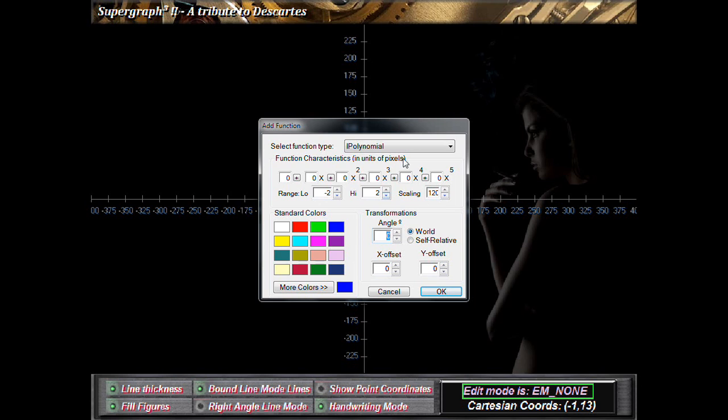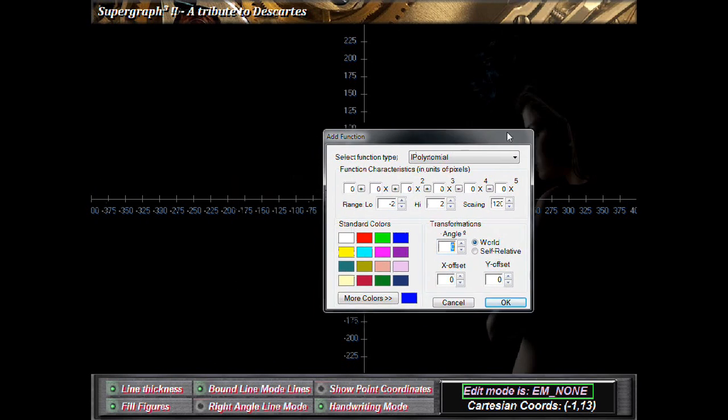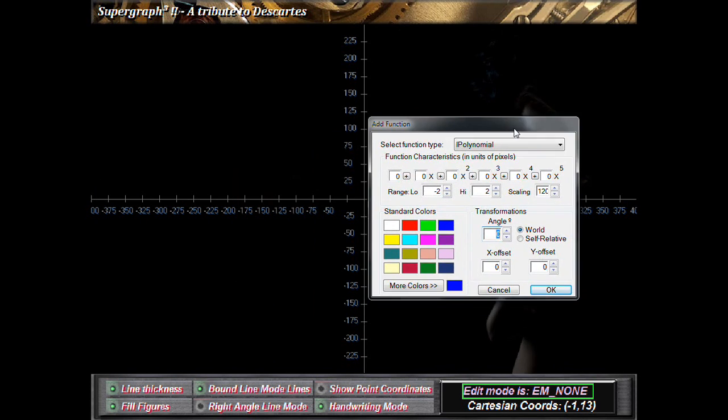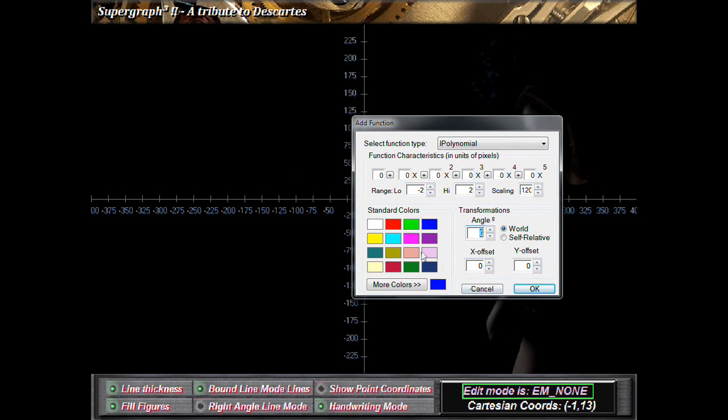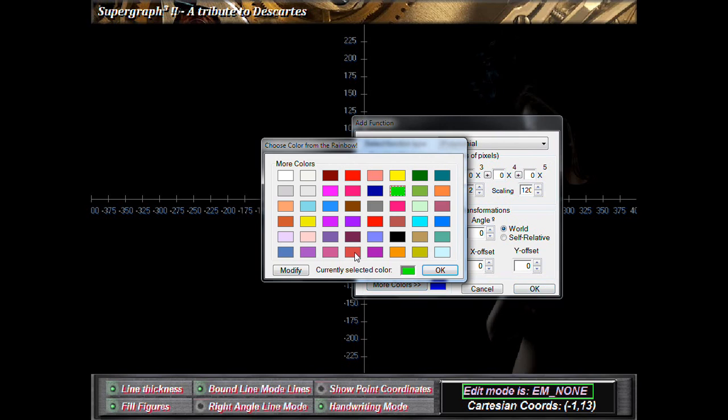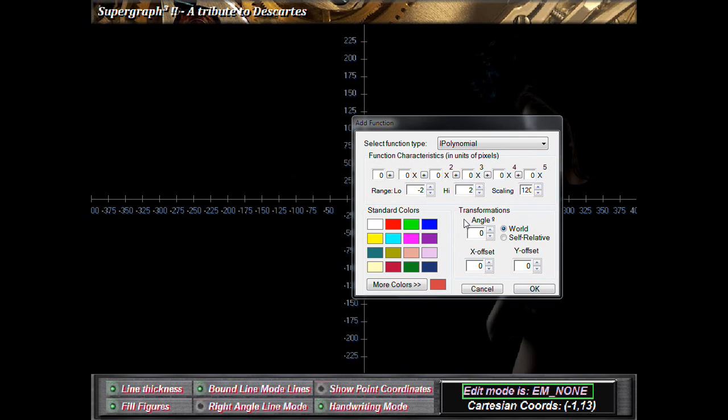I'm going to go back to Descartes' world, and I want a brownish color, and I want this to be 10 though.